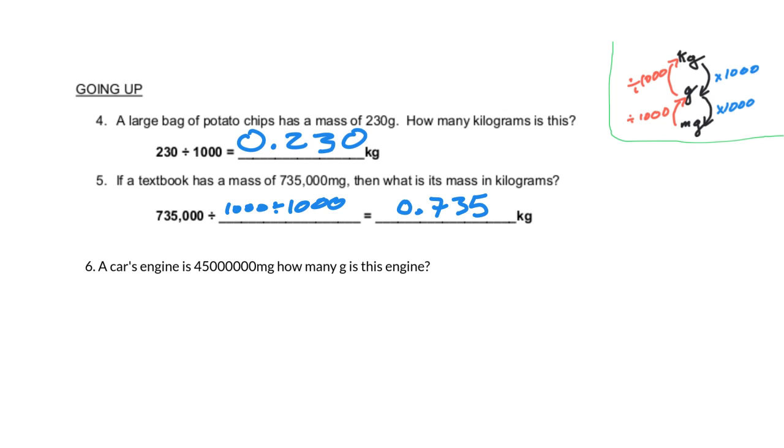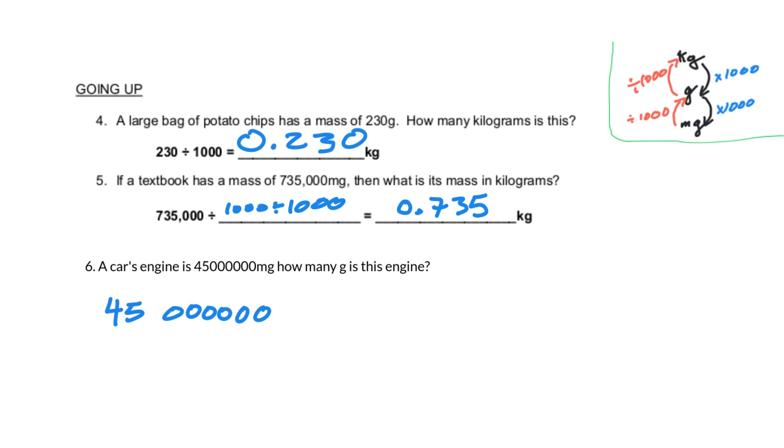So now let's take a look at this last question about a car's engine. A car's engine is approximately 45 million milligrams. Okay, I need you to change this into grams. So we need to take 45 with 1, 2, 3, 4, 5, 6 zeros.